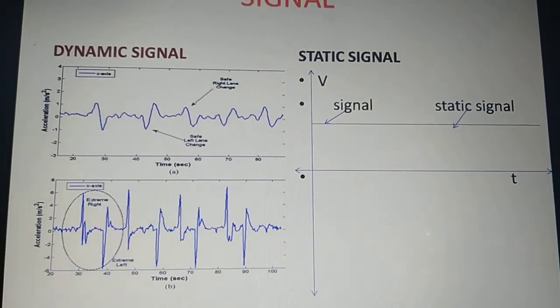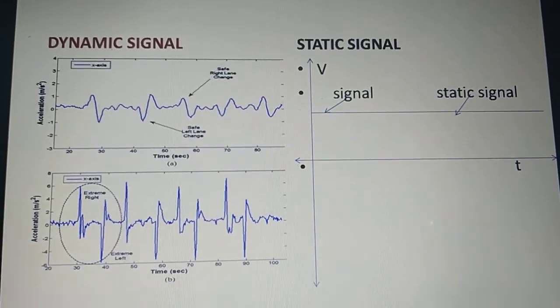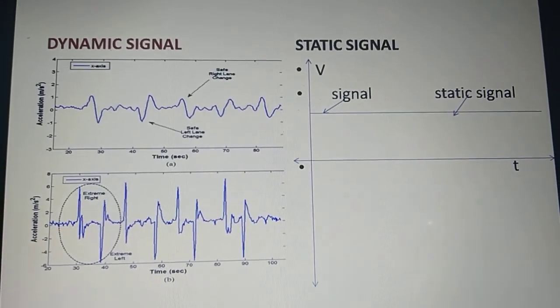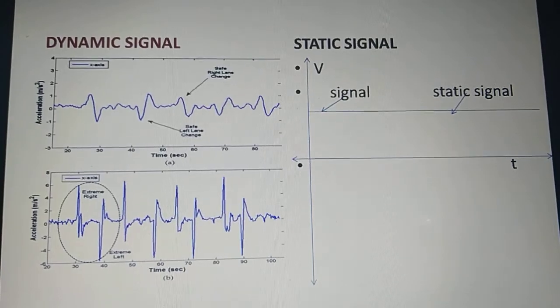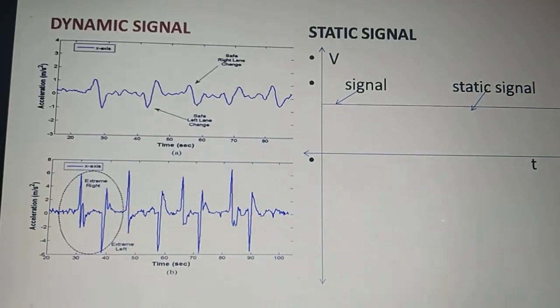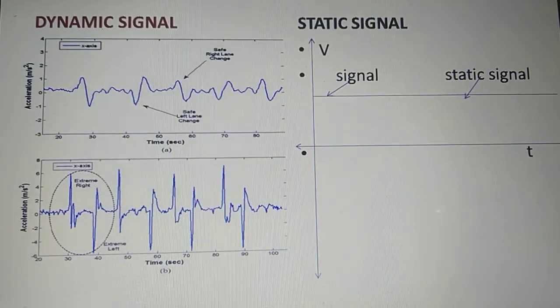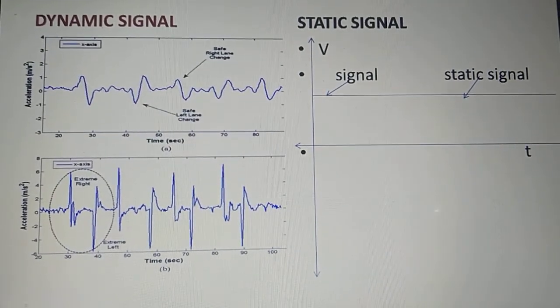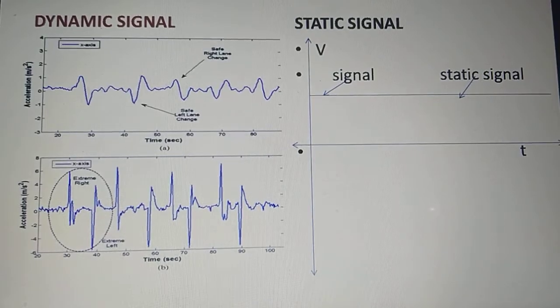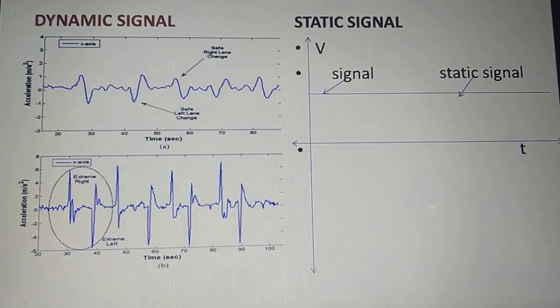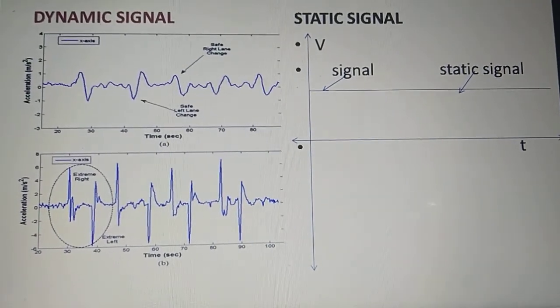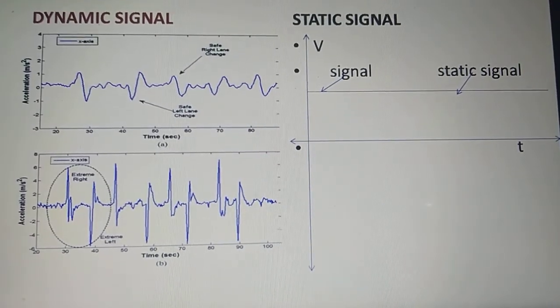One more type of signals that we studied is based on the motion of the signal, and the two types are dynamic signals and static signals. Now you can see the graphs that I have plotted. The first graph, the dynamic signal, shows a variation with respect to time, and that is not constant actually.